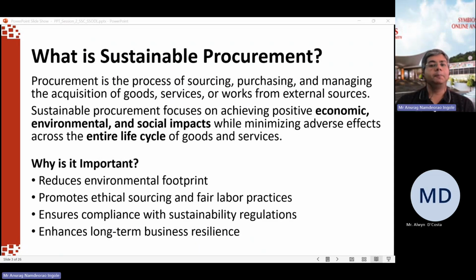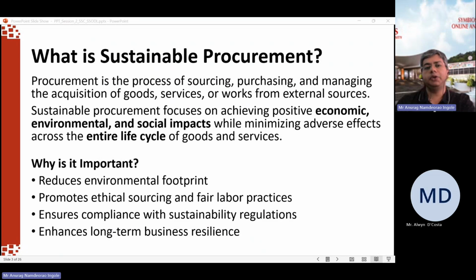Now, what is procurement doing? It is just sourcing or purchasing the material and managing the overall acquisition of goods and services. While doing that, we need to focus, as procurement, on the positive economic, environmental, and social impact of the activity that we are doing, while minimizing the adverse effects across the entire life cycle of the goods and services.